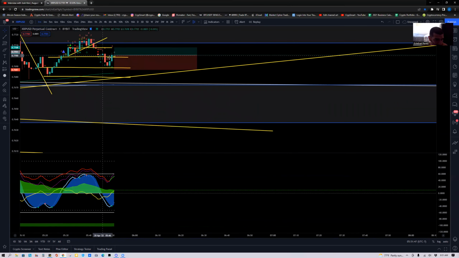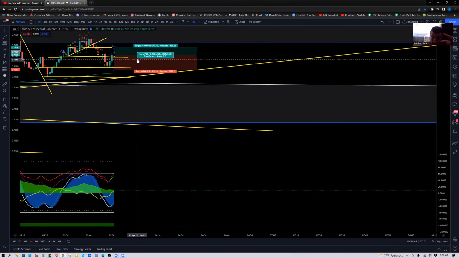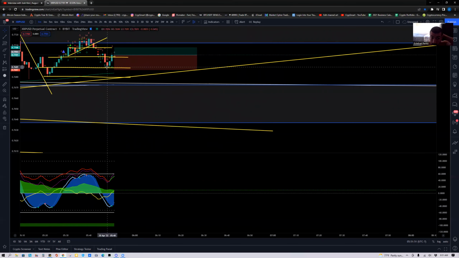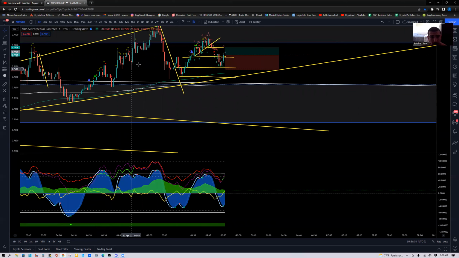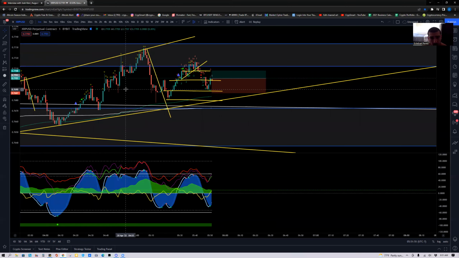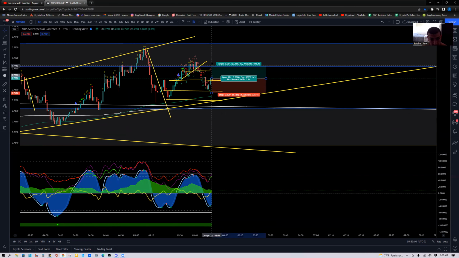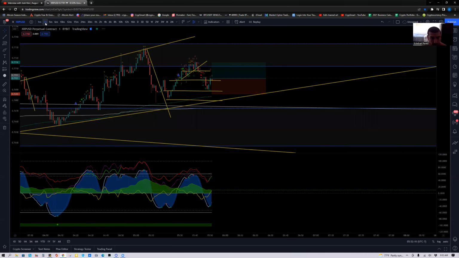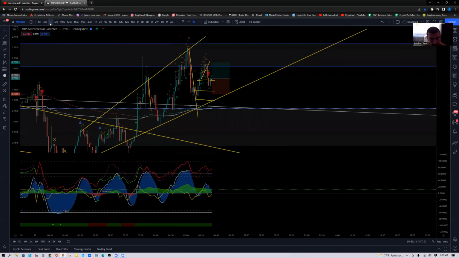There we go. See, so I'm definitely not taking this trade, but more likely than not, this is probably going to get run. I would take this trade for sure. Should I is the question. Should I is the real question.